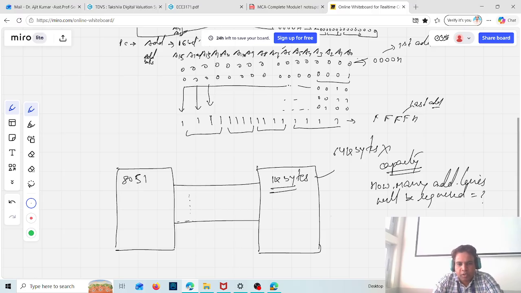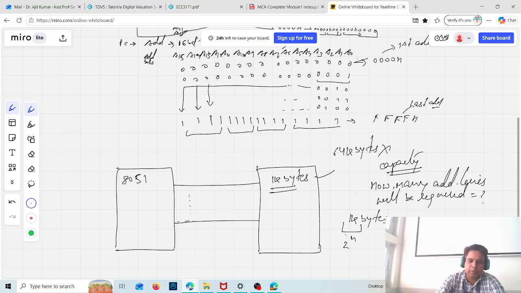See here, I'll give you the number of address lines using this memory chip capacity. So you do one thing. Let us write this 1 kilobyte. Now try to write this 1K in the form 2 to the power n.